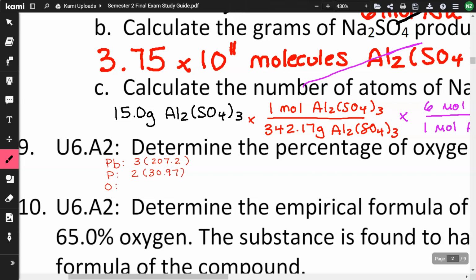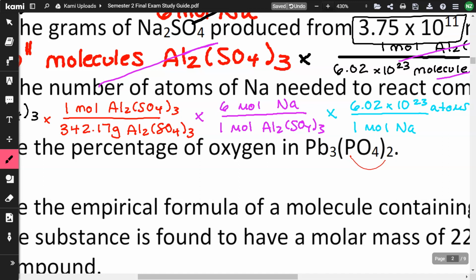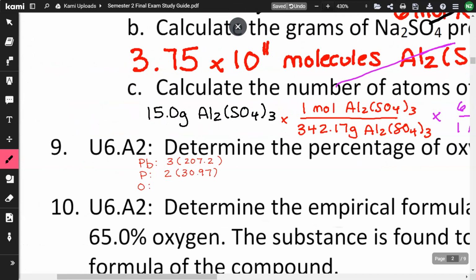And then oxygen, we have a total of 8. That's 4 times 2. So that's going to give us 8 oxygens, and each one is 16. So when I multiply and add, I get 811.54 grams per mole.